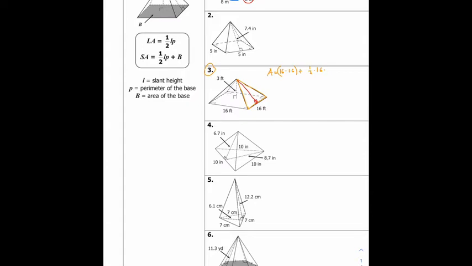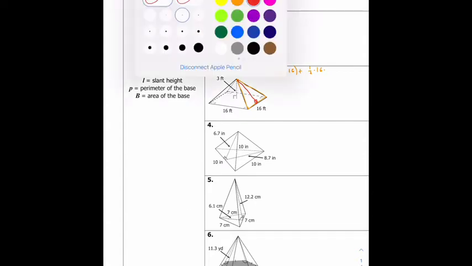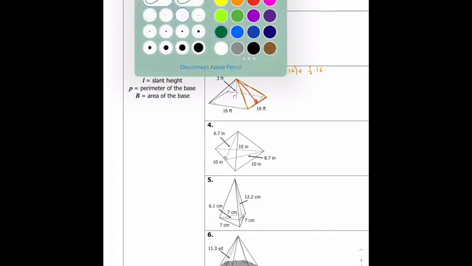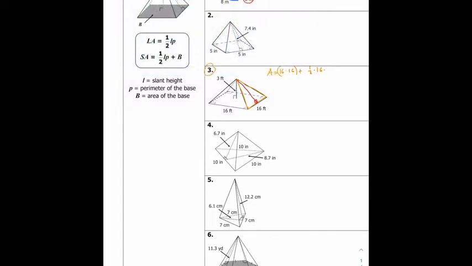So what we do is this, and then that. Can you kind of see that that red height is the hypotenuse of that triangle? Since that is right in the middle, we know that's going to be 8, and the height tells us it's 3.